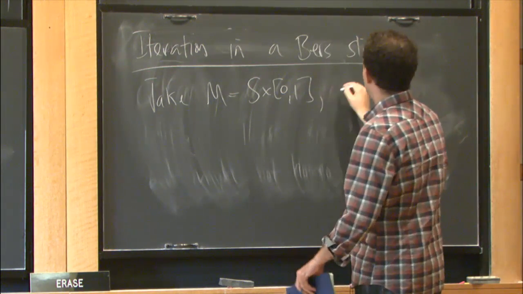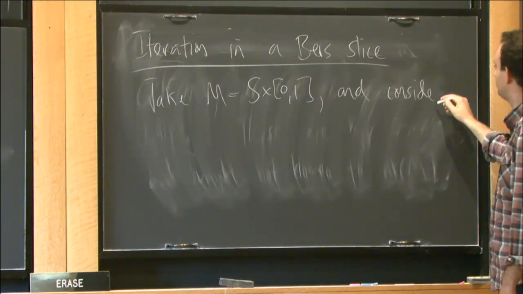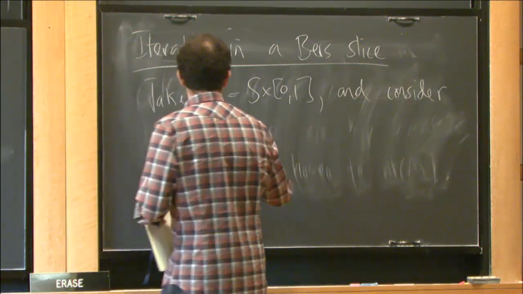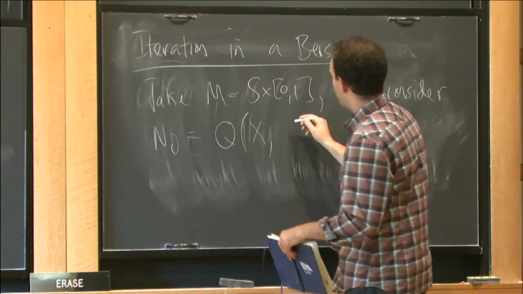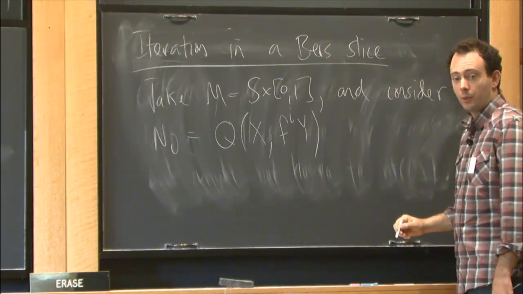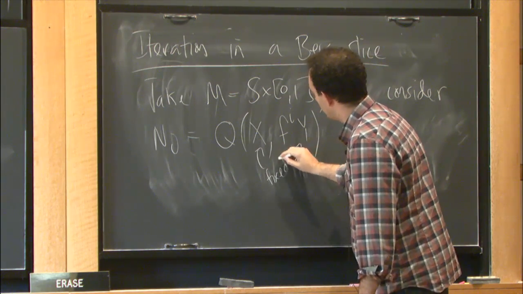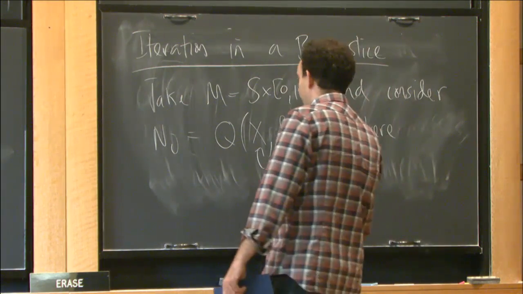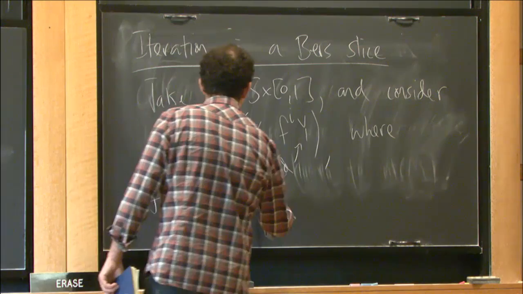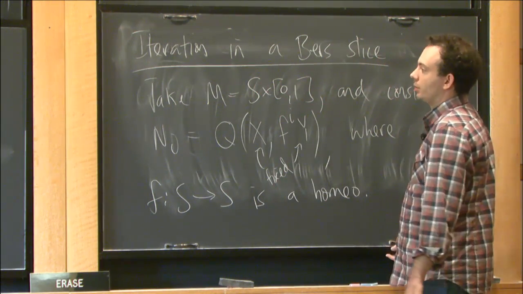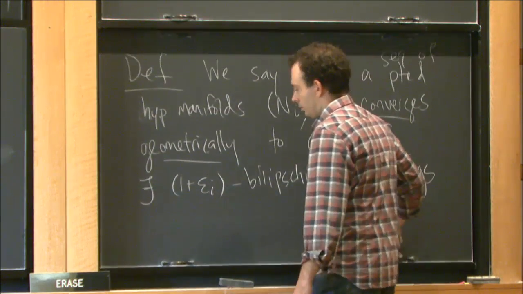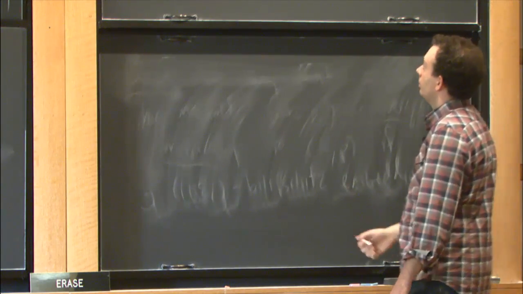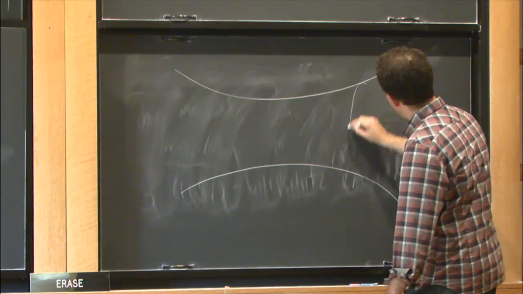And our sequence of quasi-Fuchsian manifolds, so of convex co-compact metrics on the interior, is Ni, which is Q of some fixed x, and then f to the i y, where x and y are fixed points in the Teichmuller space of the surface, and f is a homeomorphism of S. So the picture here is, I have my surface cross interval.